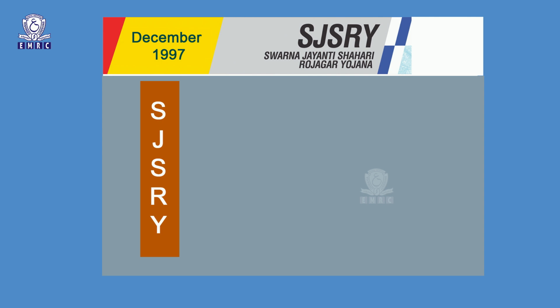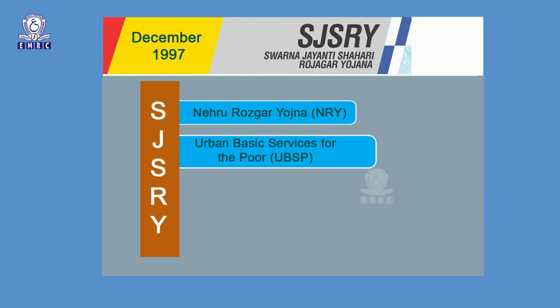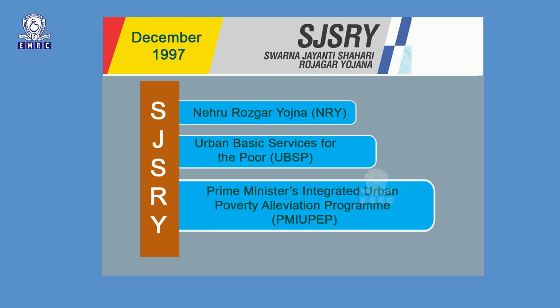The Swarna Jayanti Sahari Rozgar Yojana (SJSRY), which subsumed the earlier three urban poverty alleviation programs, Nehru Rozgar Yojana (NRY), Urban Basic Services for the Poor (UBSP), and Prime Minister's Integrated Urban Poverty Alleviation Program, came into operation from December 1997.